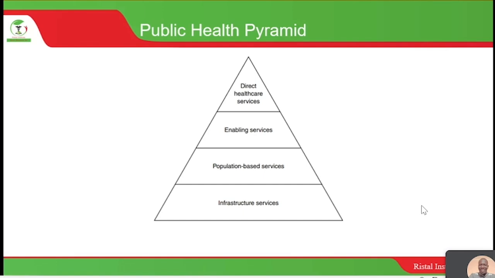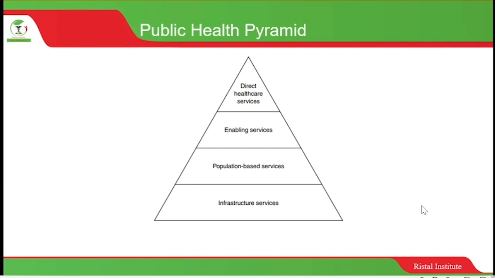So here at the top where you're seeing direct health care services, these services are direct personal health services. And these services target an individual. These services sometimes can be, you can say, diagnosis.